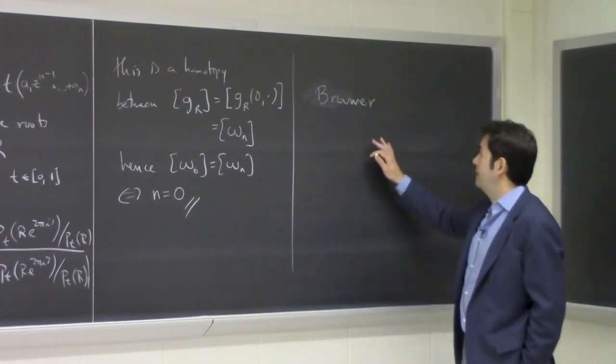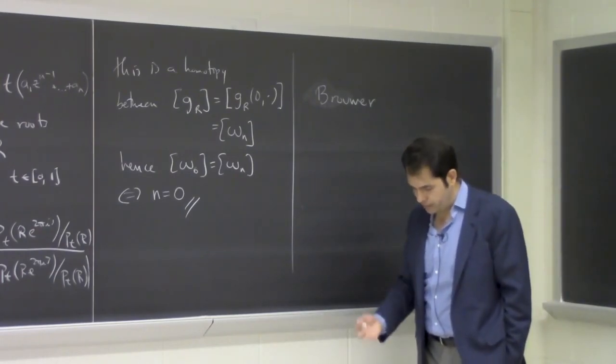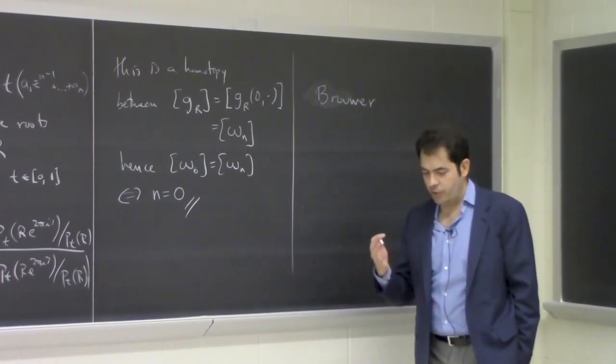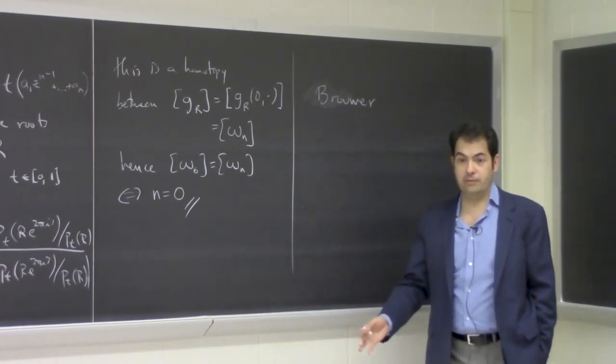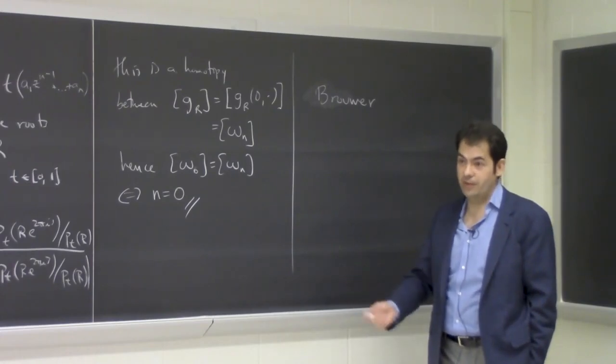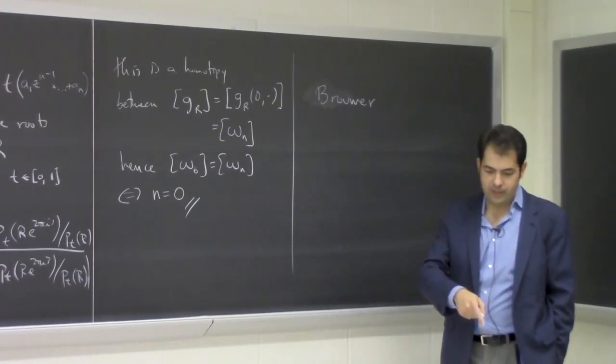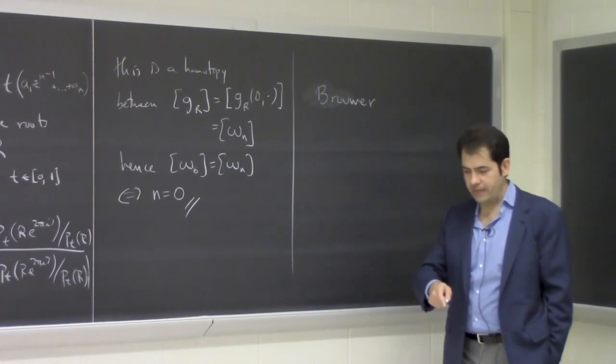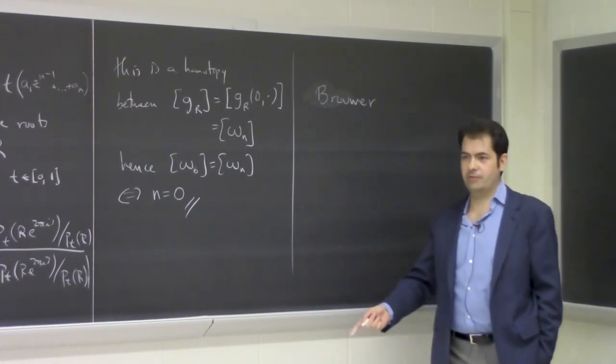So this is an approach that claims that you're not allowed to use the law of excluded middle, at least when you're talking about something infinite, right? So to prove that something is true, it is not enough to prove that negating it is false, right?